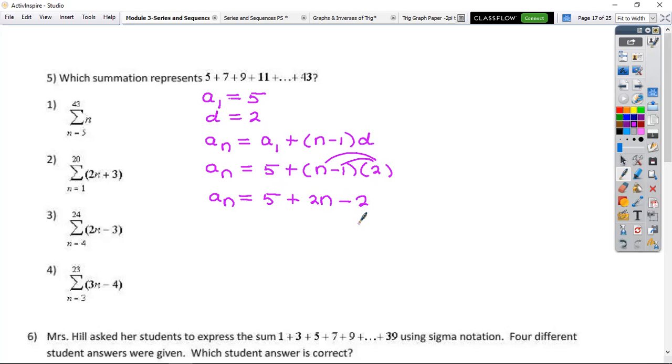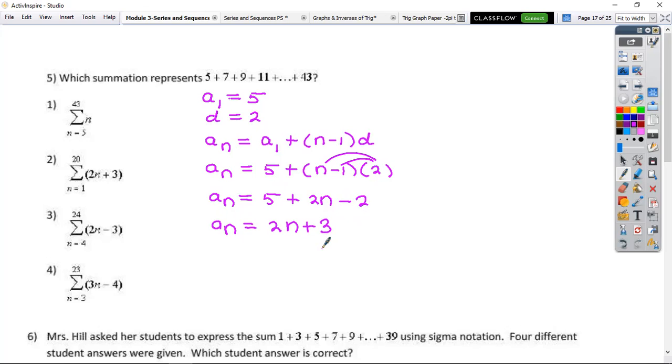So again, you're going to produce a formula instead for these. So my formula is going to say 2n plus 3. Right now you have multiple choice answers to go off of to kind of make it easy for you. So what answer is this going to be? Yeah, it's going to be choice 2.